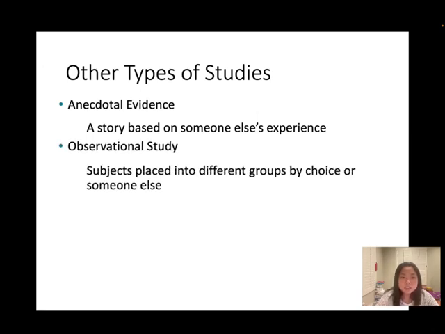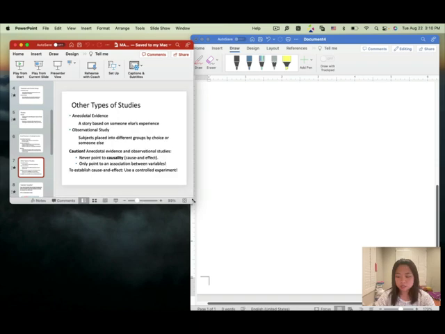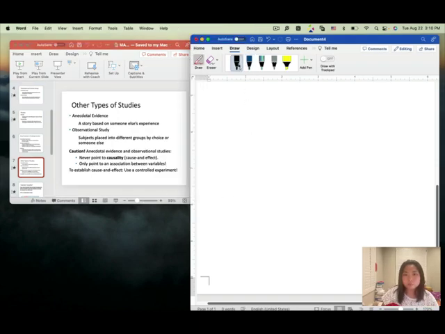Observational study. Subjects are placed into different groups by choice or by someone else. Okay, what is an observational study? For example, I will have two groups of people.